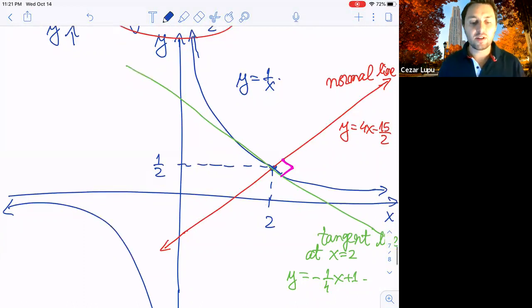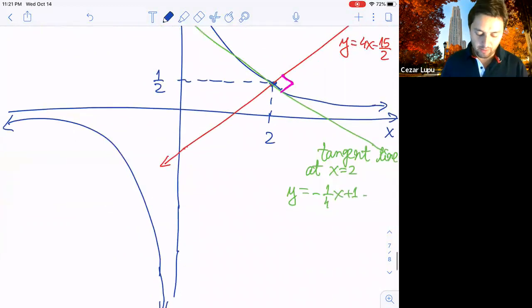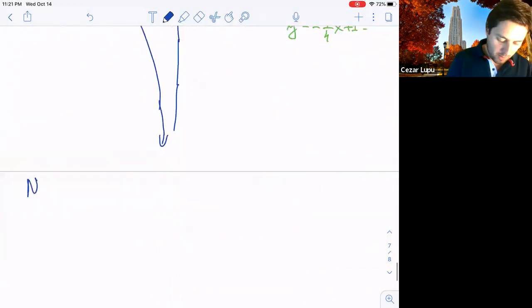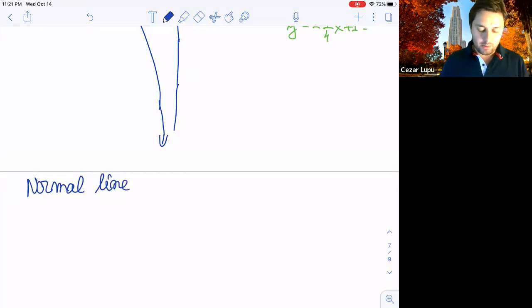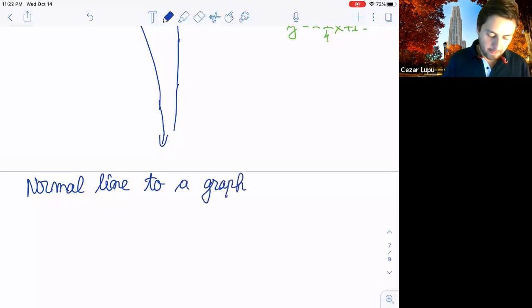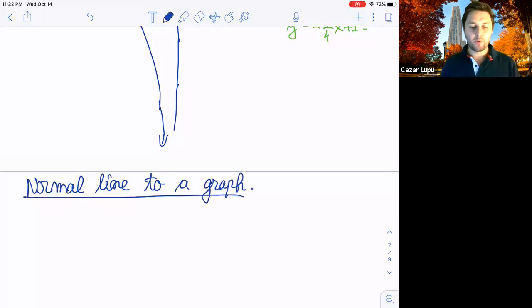Okay, now let's just say a few words about the normal line to a graph. Right?